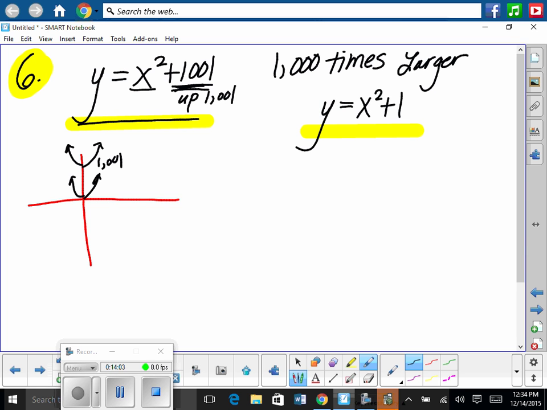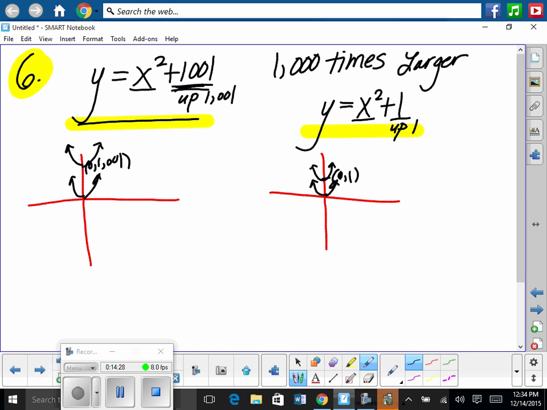Now this parabola over here is a quadratic with no shift left and right, but it shifted up 1. So it used to be right here. We took it and we shifted it up 1 unit. So it's at 0 comma 1, or over 0 up 1, and this is over 0 up 1,001.